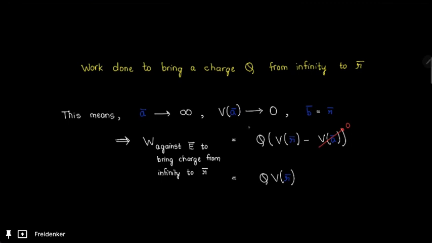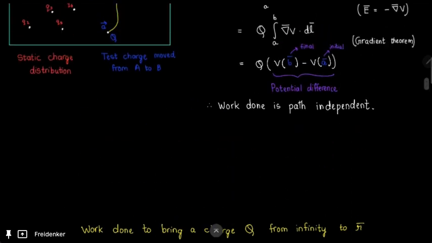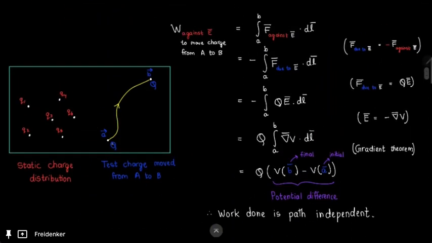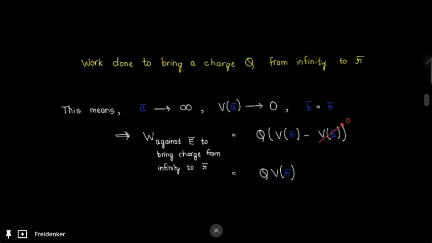Potential at infinity is 0 because you're so far away from your charge distribution. There is no effect of your static charge distribution on that point. So if your test charge is somewhere far away, there is no effect of this electric field on that test charge. So that's why the potential is 0 over there.